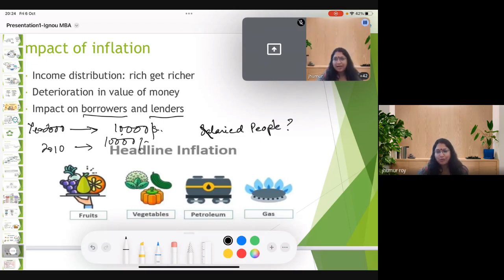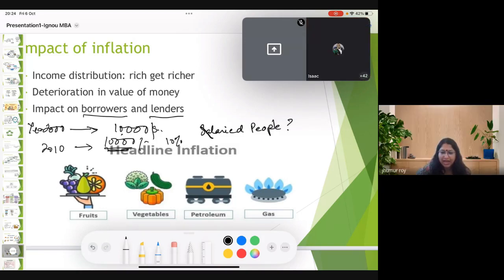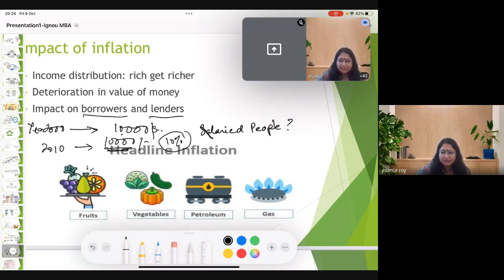Because there was a 10% rate of inflation, what you can buy with this $10,000 has gone down. As a lender, you have lost money, unless the rate of interest you're charging is greater than 10%. Suppose I have lent money at 10% rate of interest, and inflation is 10%.